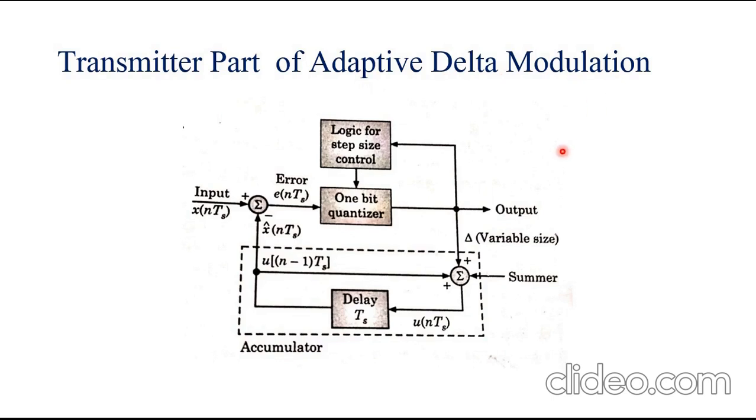In adaptive delta modulation, there is one block that we need to add, called the step size logic control. That is what we add to delta modulation, and that results in adaptive delta modulation.